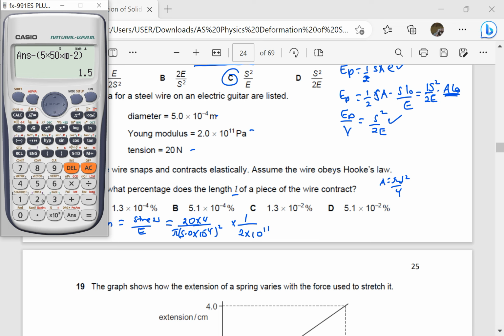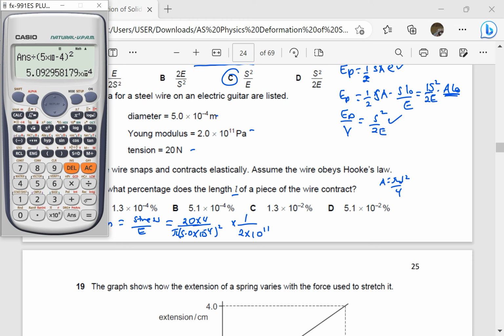So from our calculator, we have 20 times 4 divided by, open brackets, pi times 2 exponent 11. Then I divide again by 5 exponent negative 4, but this is squared.